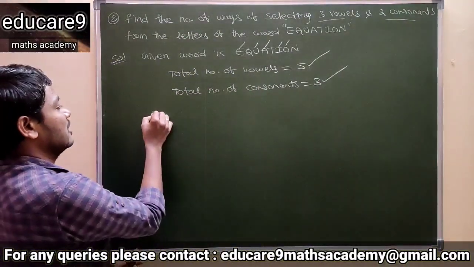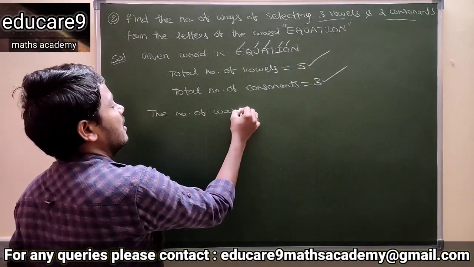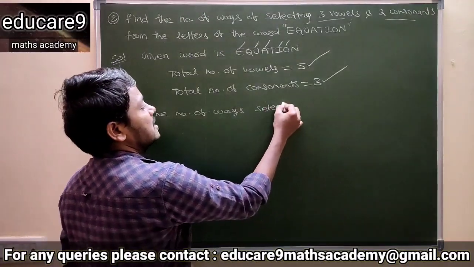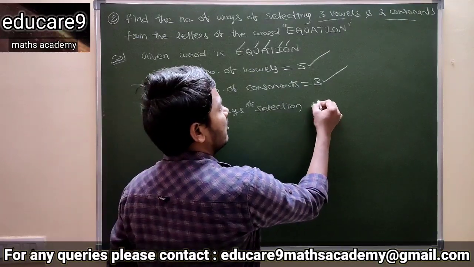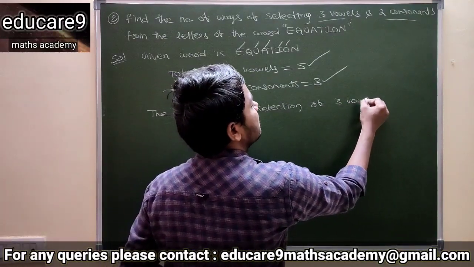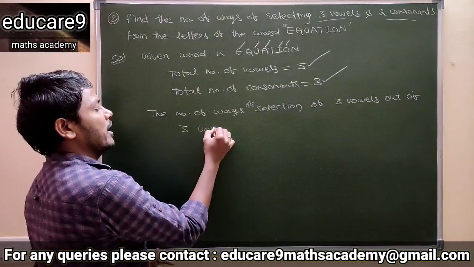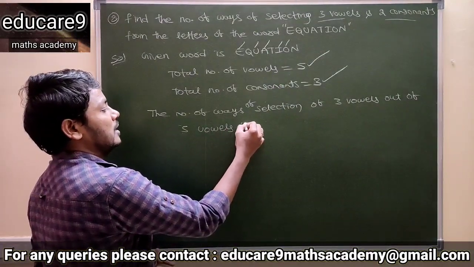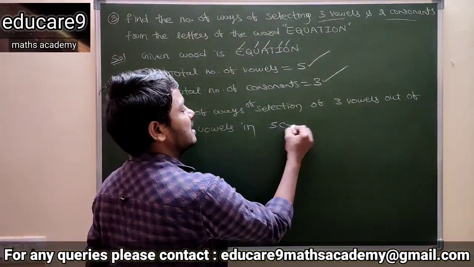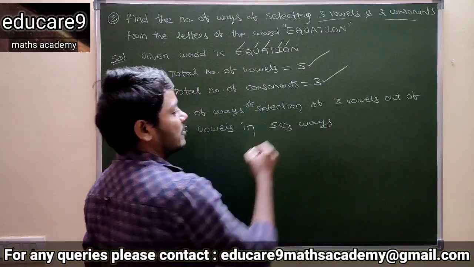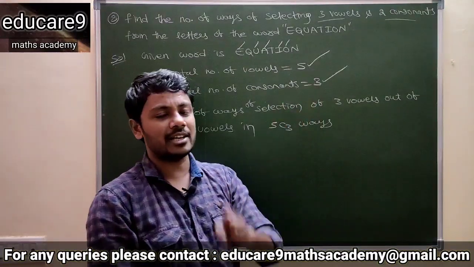See here, the number of ways of selection of 3 vowels out of 5 vowels. In how many ways? So clearly 5C3 ways. Next, you need to select two consonants out of three consonants.